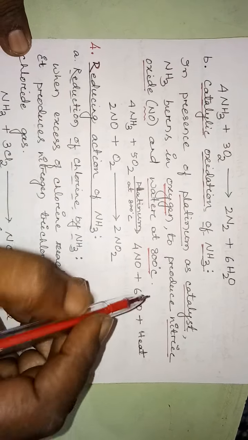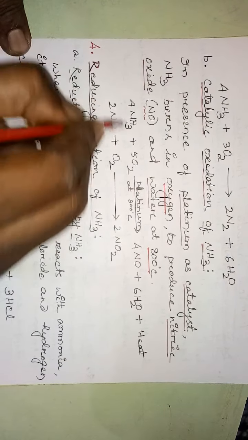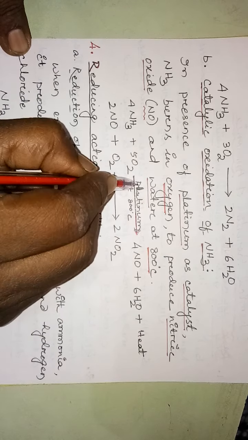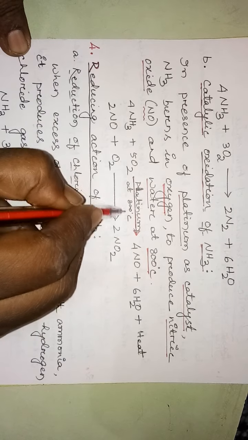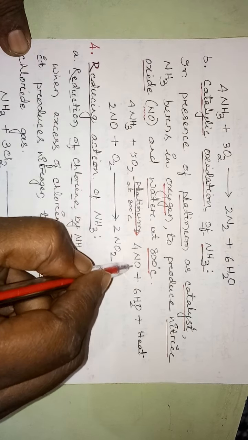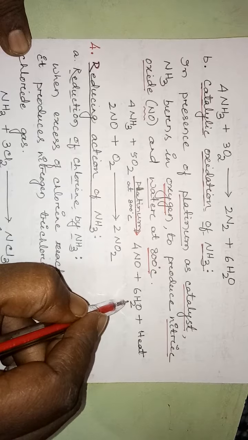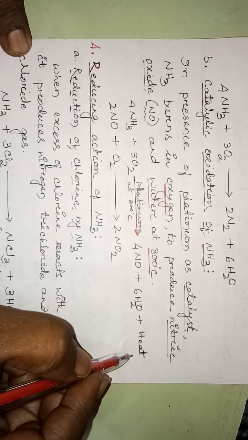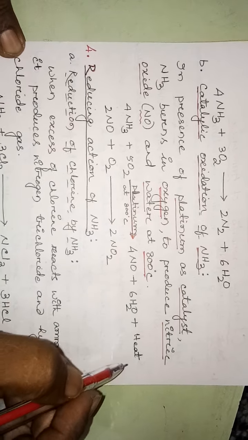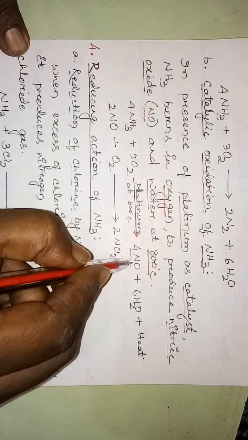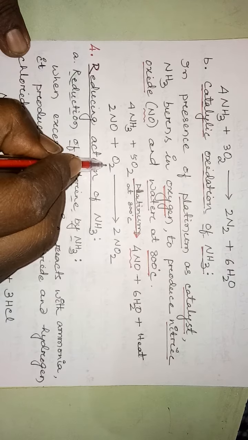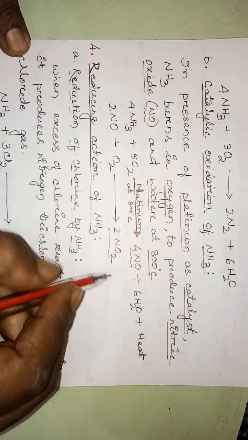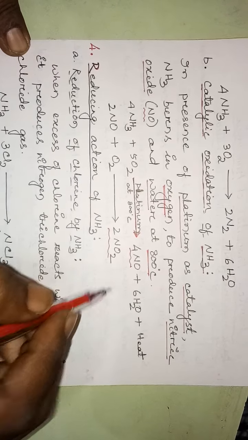So the equation is 4NH3 plus 5O2, and on the arrow you have to mention the catalyst platinum, at 800 degrees it produces 4NO, nitric oxide, plus water plus heat. It is exothermic in nature. Now this nitric oxide, when it reacts with oxygen, undergoes further oxidation to produce nitrogen dioxide.